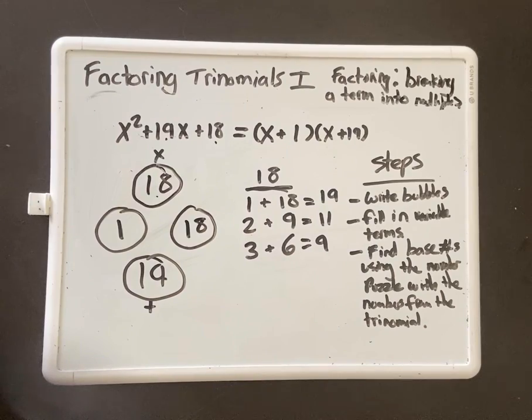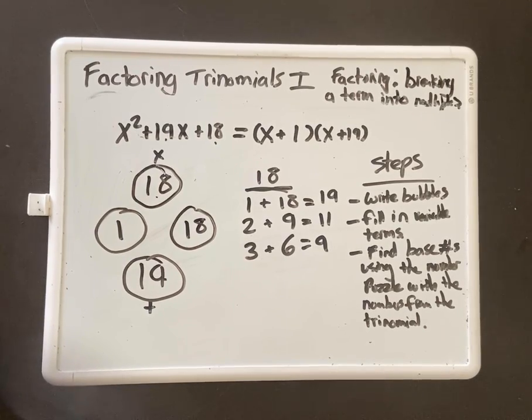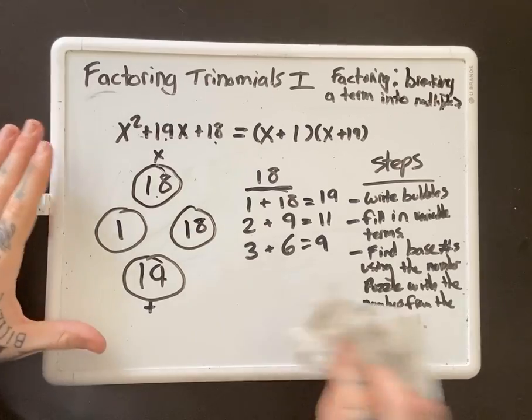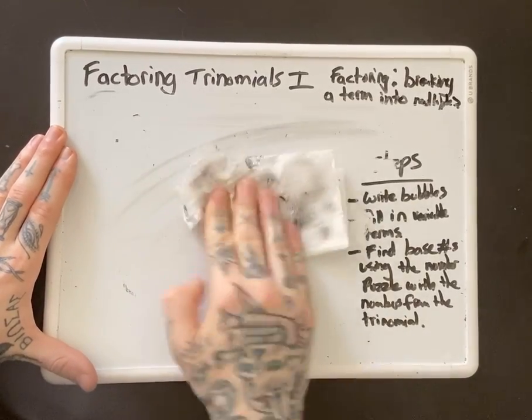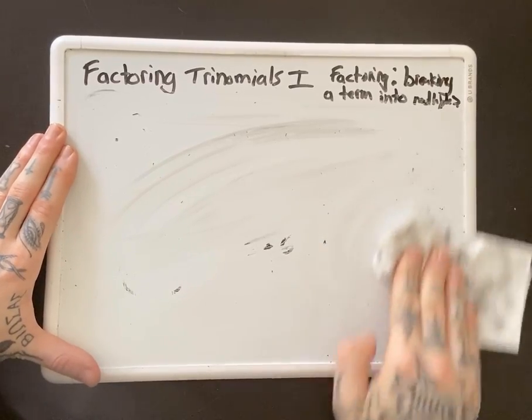All right, so we're gonna look at one more example before you can move on, or before you should move on to the lesson. I'm gonna move on to the handout for this lesson.